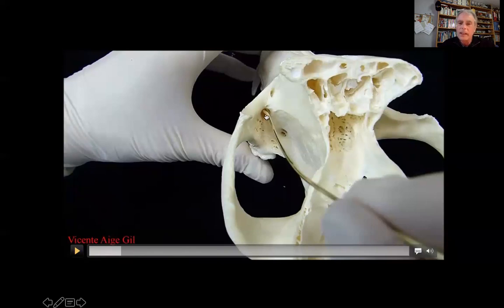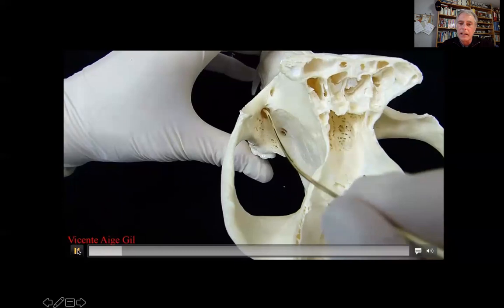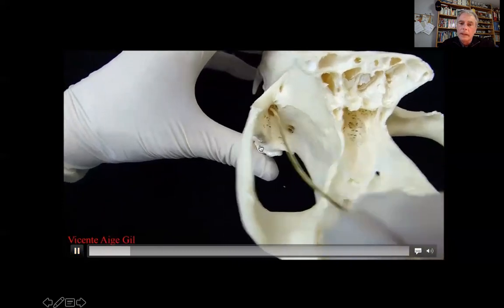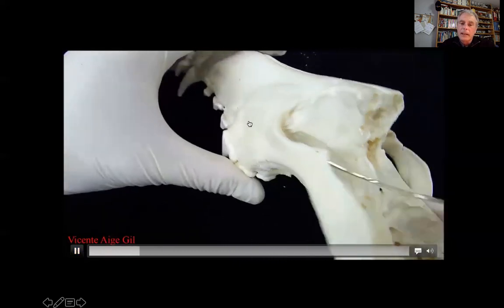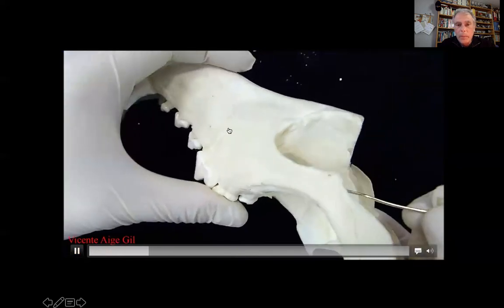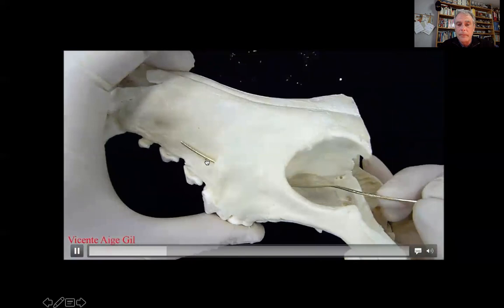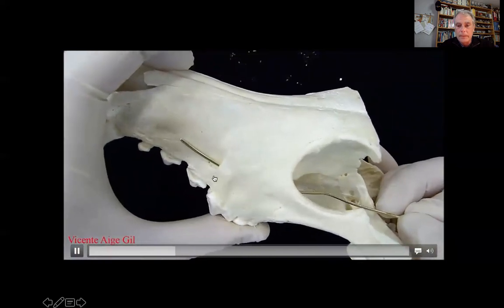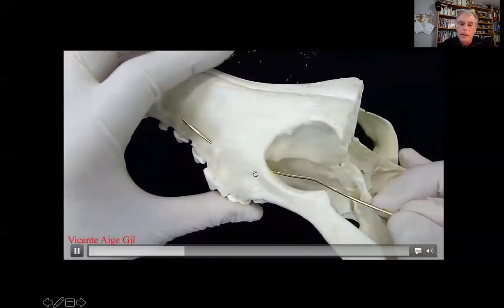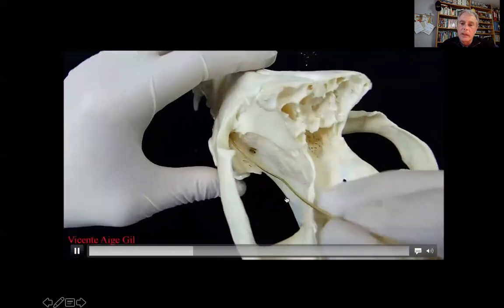So this is the beginning of the infraorbital canal here, and this infraorbital canal is going to open at the level of the infraorbital foramen here. So this is for the infraorbital nerve.